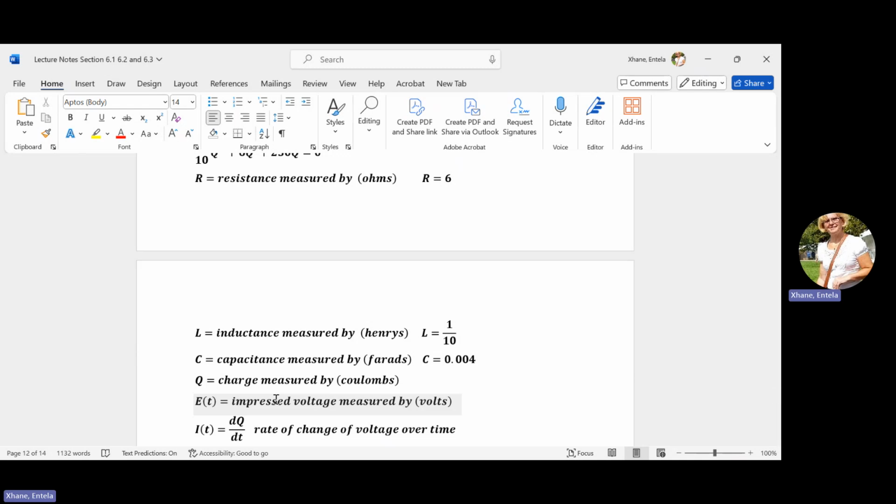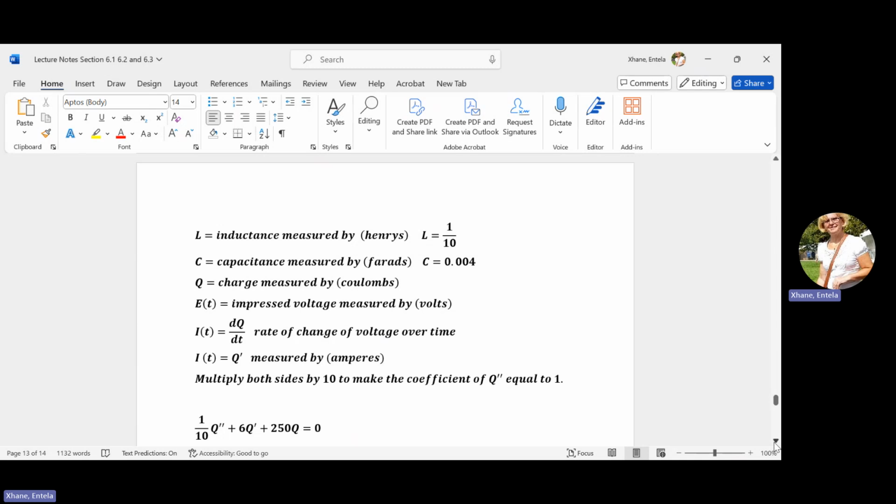This is measured by coulombs. And then the rate of change of coulombs, which is the charge over the time, is what is known as the current. So the current is nothing but the Q prime. We write the current by I, and then this is measured by amperes.